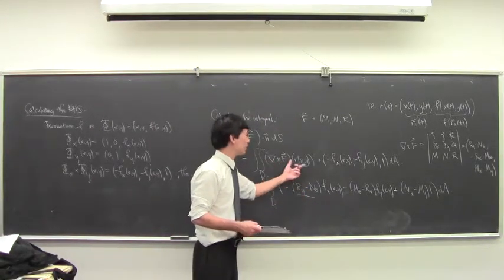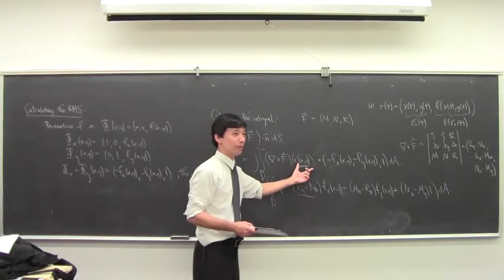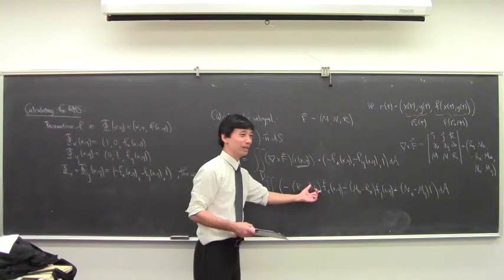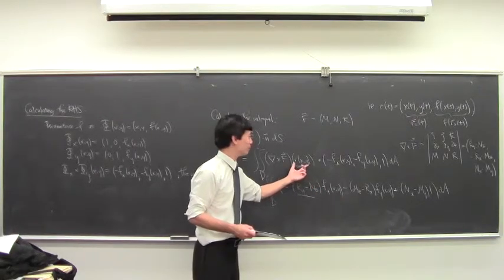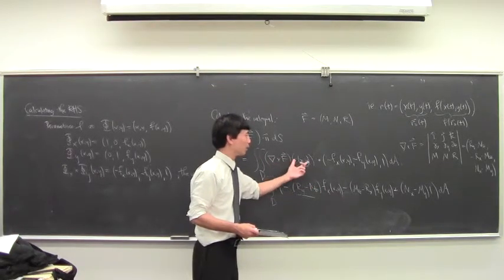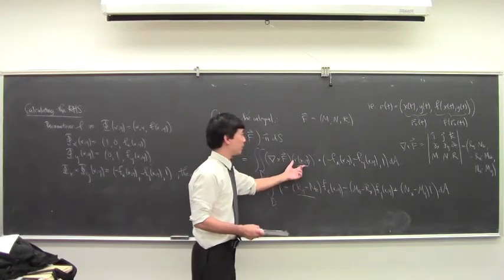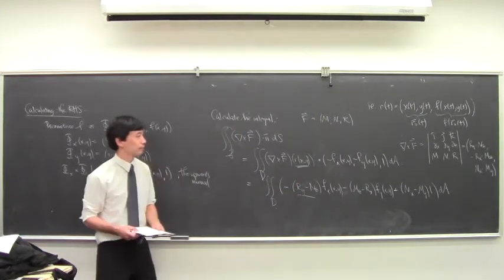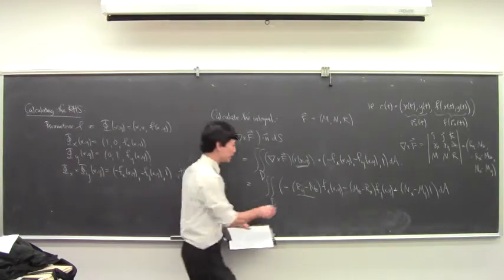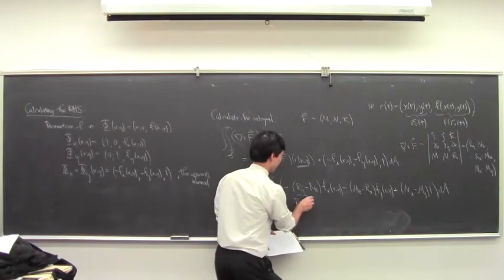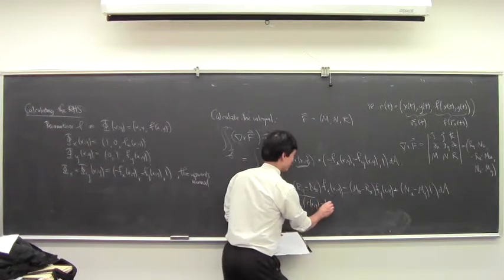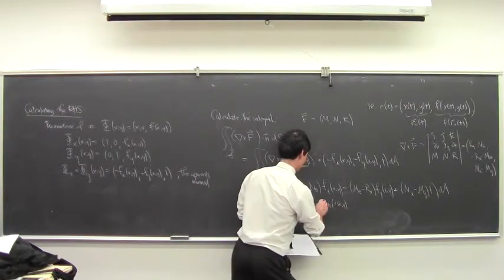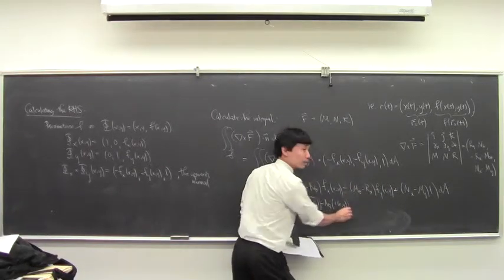That is the point of evaluation. I've left it out down here because I don't want to keep on writing it, but you're taking the curl at this point. So really, I should write R sub y at R of (x, y) and N sub z at R of (x, y), etcetera.